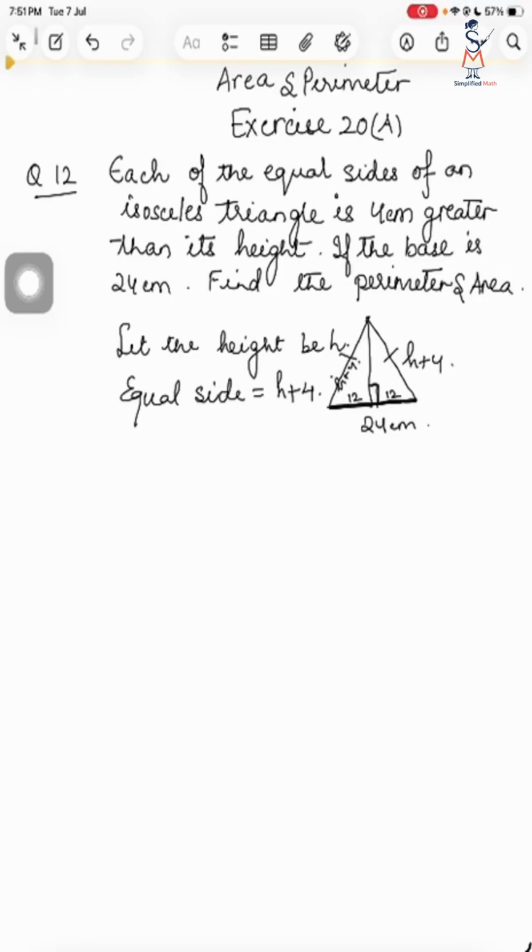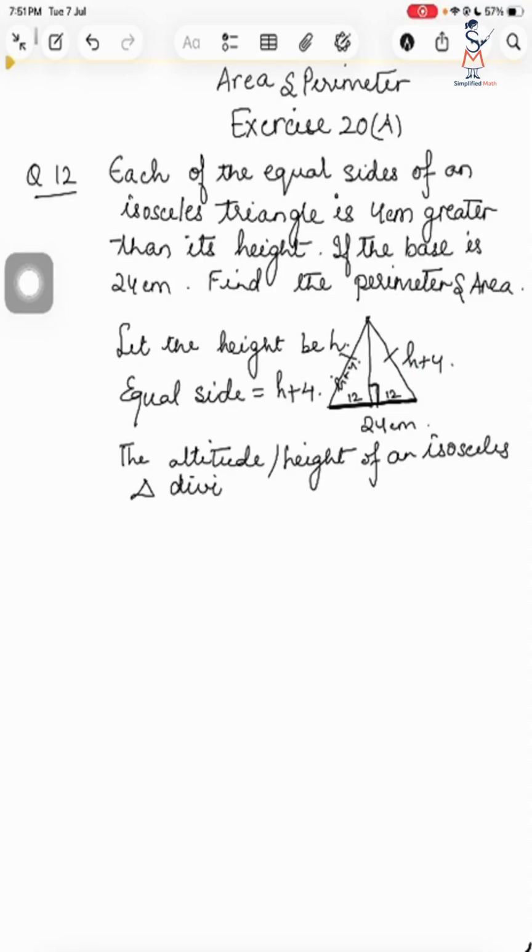The altitude, that is the height of an isosceles triangle, divides the base. This is the rule. So the altitude makes 90 degree.